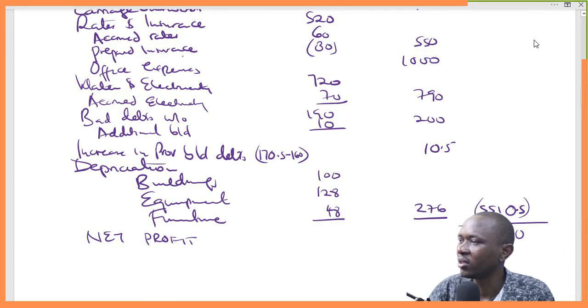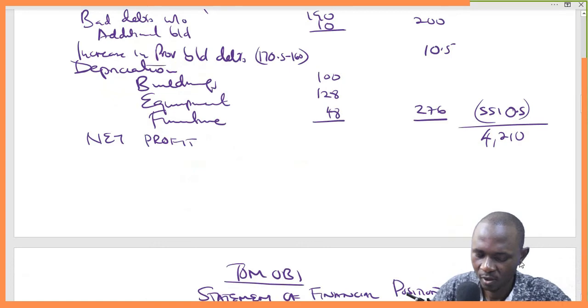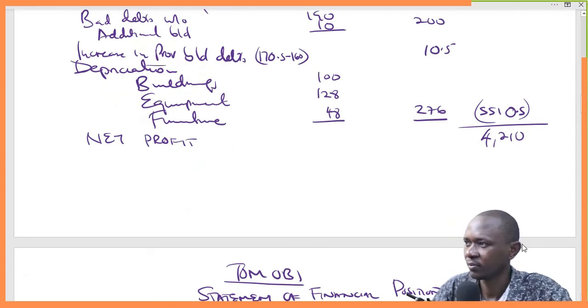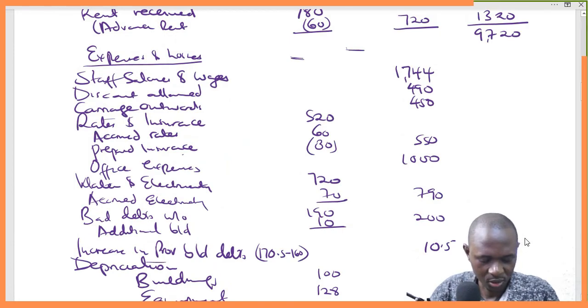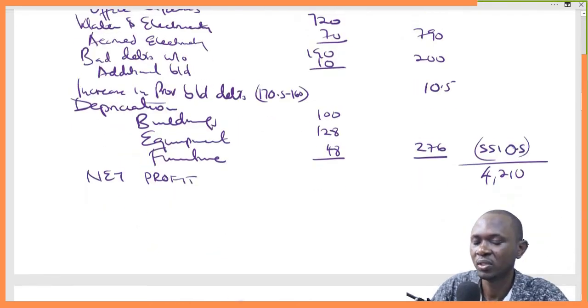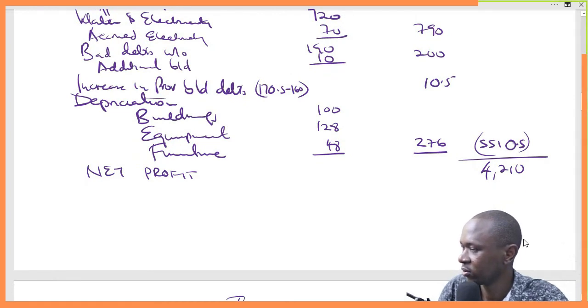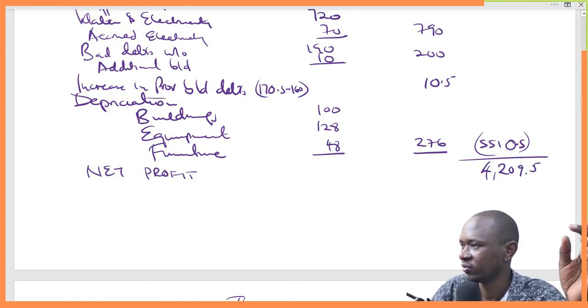Yeah, and then that figure 9720 minus 5510.5 will get 4209.5.